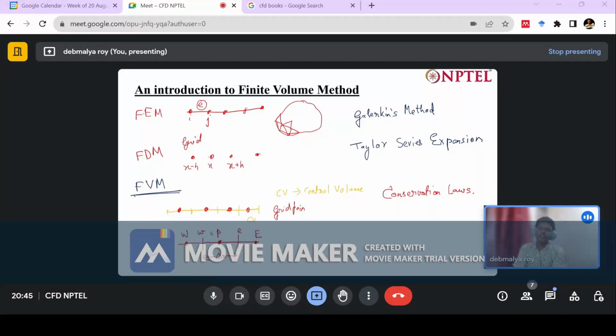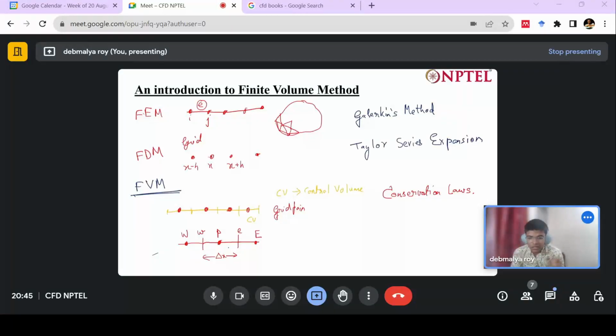But for demonstration purposes, we can always use east, west, north, south as has been the convention. So this delta x distance is important, as well as two other distances. The P to E distance is denoted by delta x E, and similarly the P to W distance is denoted as delta x W. These are the different lengths that will be important.